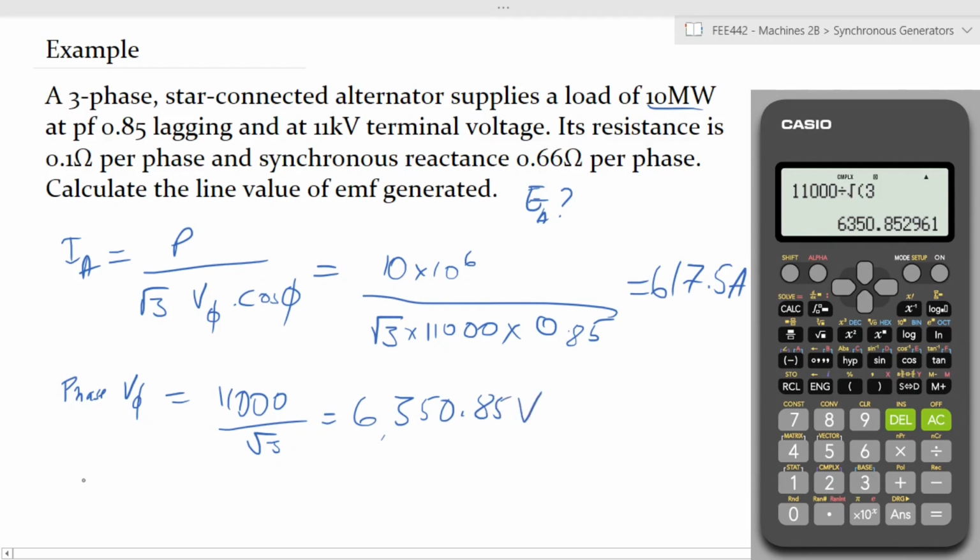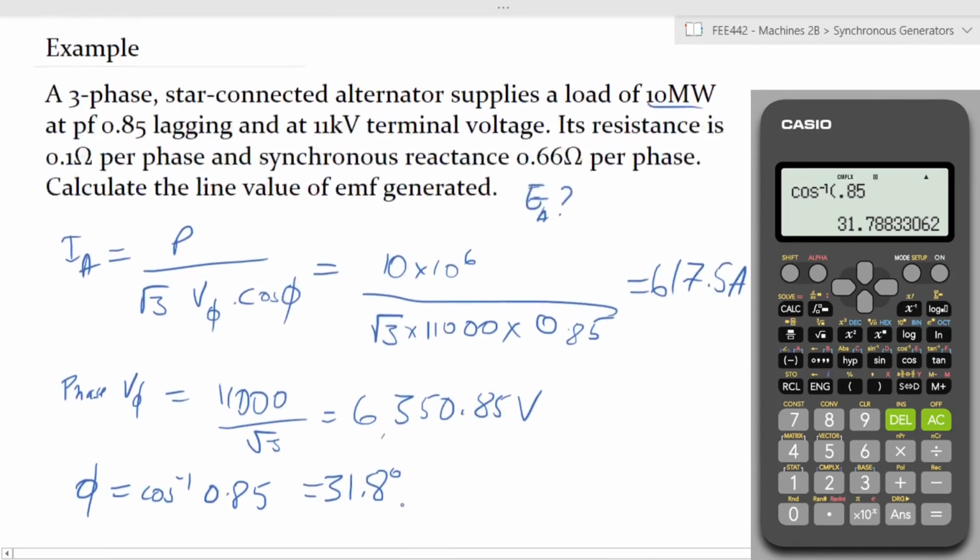What is our value of phi itself? So phi is cos inverse of 0.85. So it is 31 point, let's say 8 degrees. Okay, right, so we are moving that along.